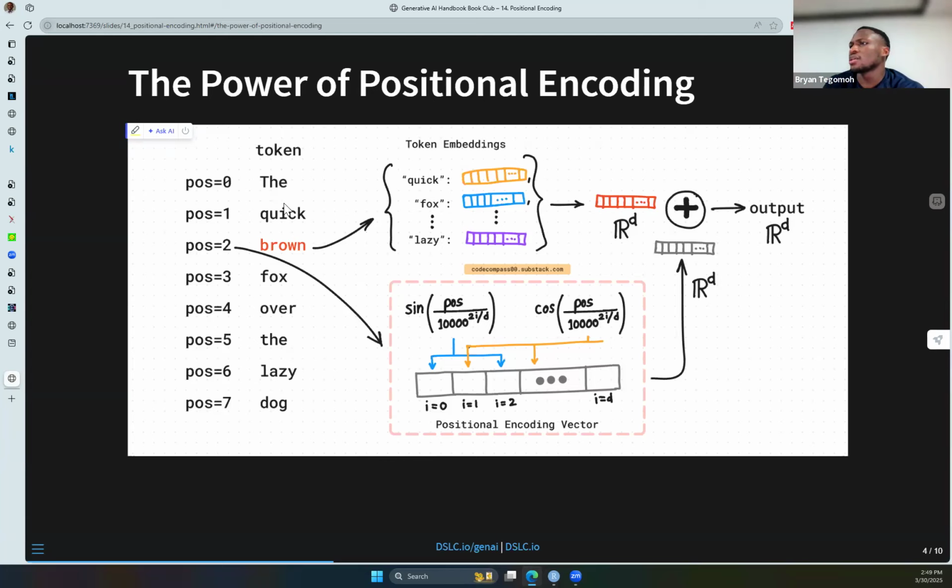In the sentence "the quick brown fox jumps over the lazy dog", you have different positions there: position 0, position 1. So the quick fox here, you can see, has been assigned positions. I'm not a mathematician, so bear with me with all the sine and cosine operations there.